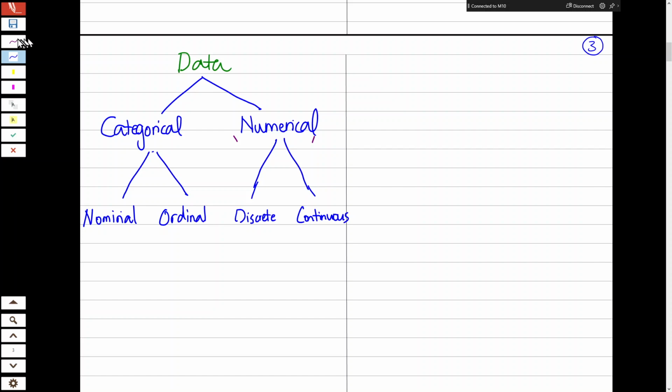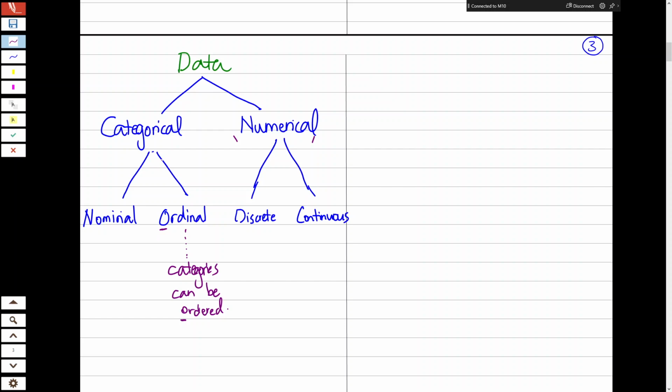So here's the idea, all right? If your data is ordinal, that means the categories can be ordered. So O for ordinal. That's how I remember it.